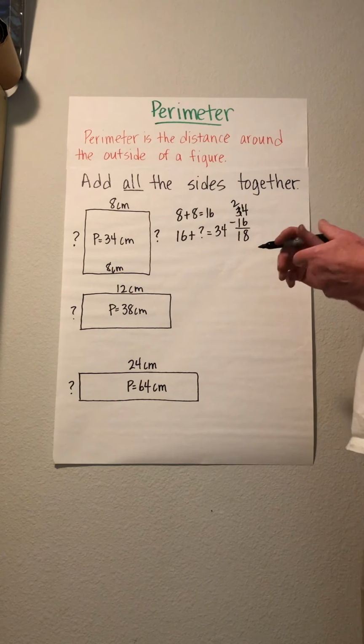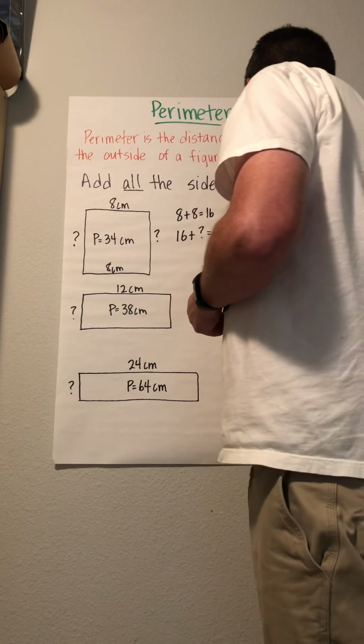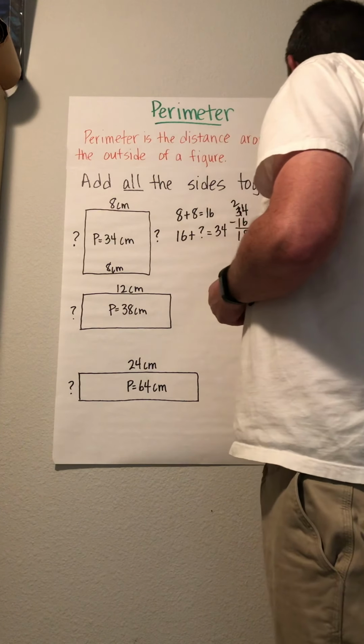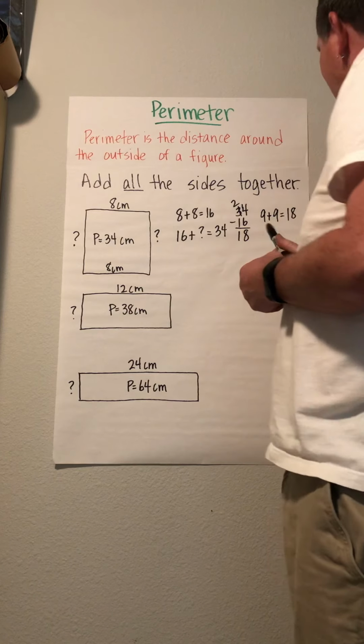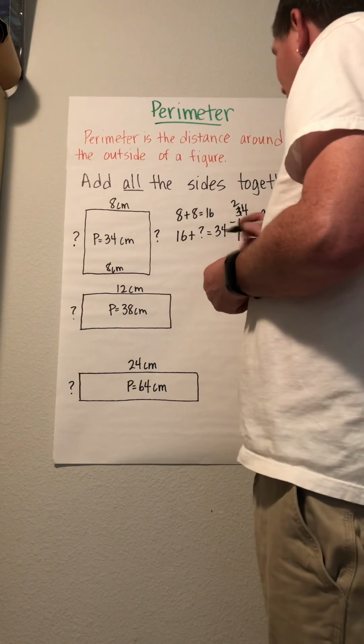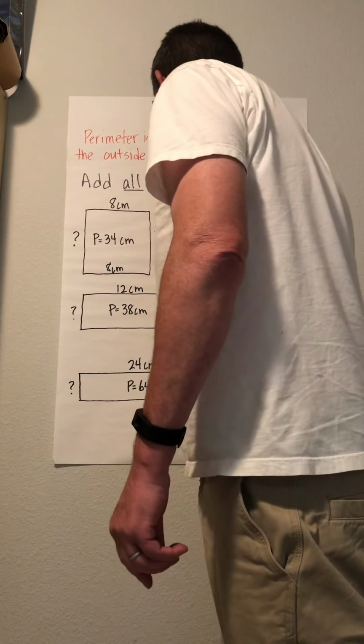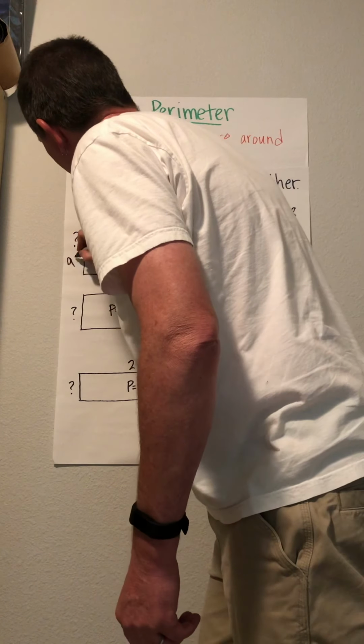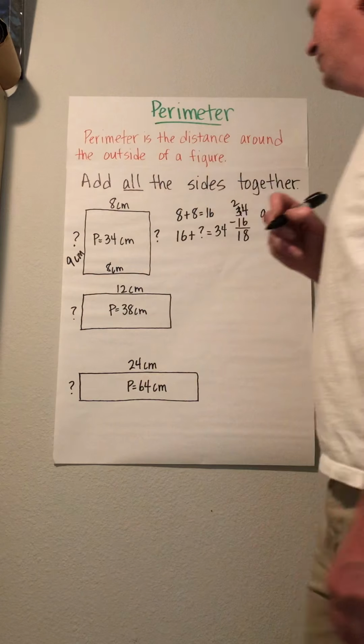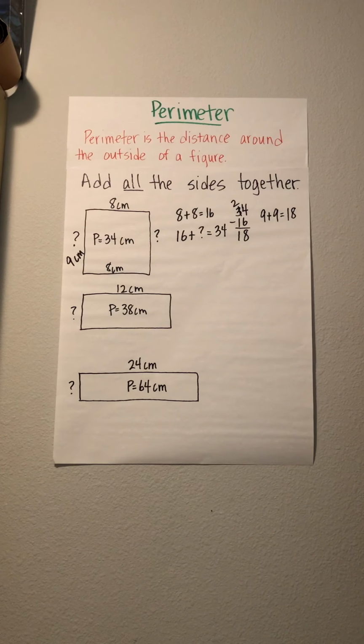That's right, 9. So 9 plus 9 equals 18. So this missing side is 9 centimeters. Okay? So let's try another example.